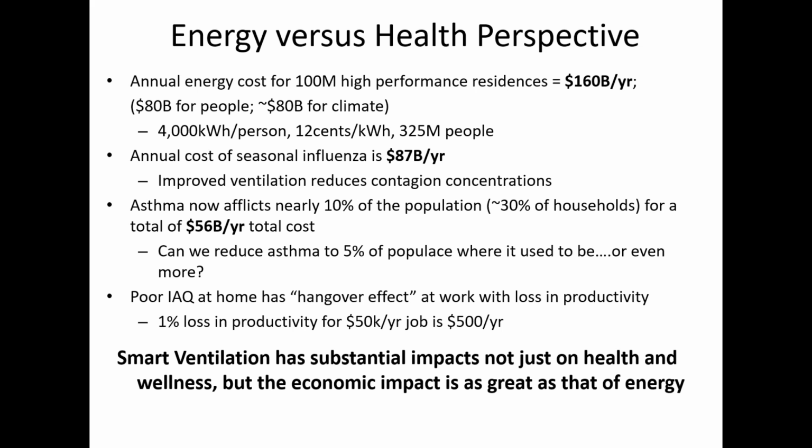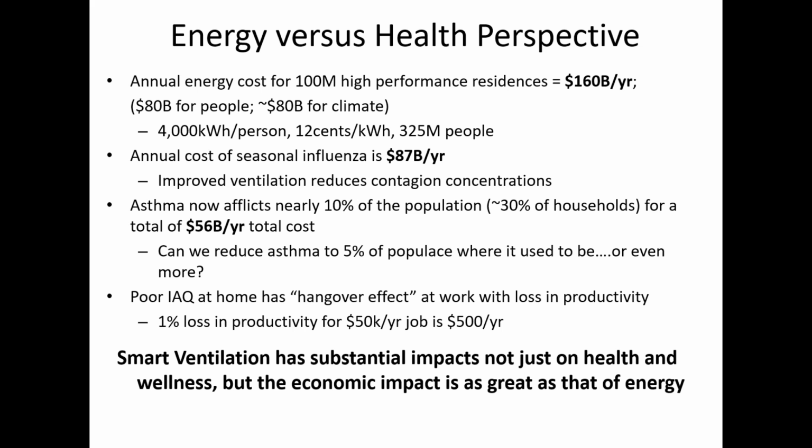Taking a look at energy versus the health perspective, with the recent COVID-19 pandemic, we see how great an impact an airborne virus can have on the economics of the country.